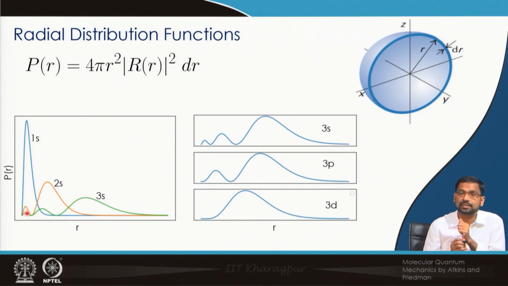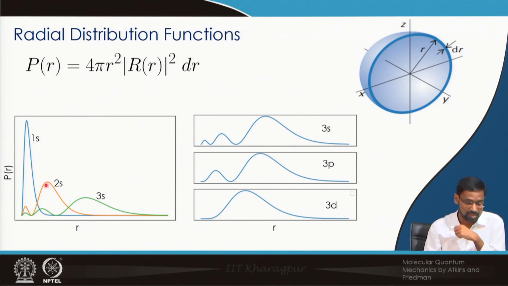Look at the 2s radial distribution function. It shows a small peak, or a small probability, at a small value of r. This x axis is the distance between the nucleus and the electron. It shows a small peak at a smaller value of r, and a larger peak at a large value of r.